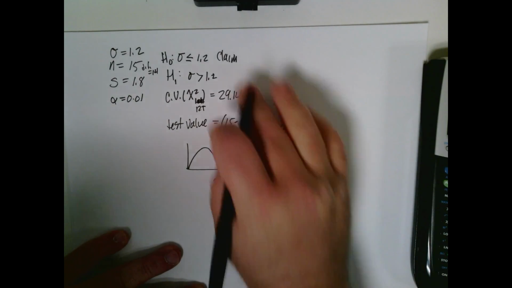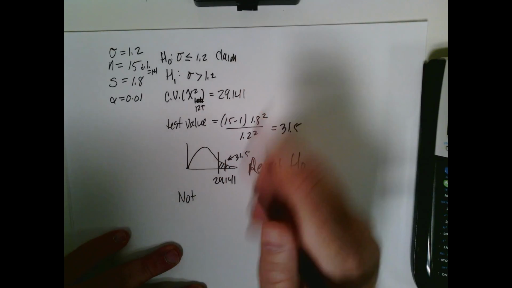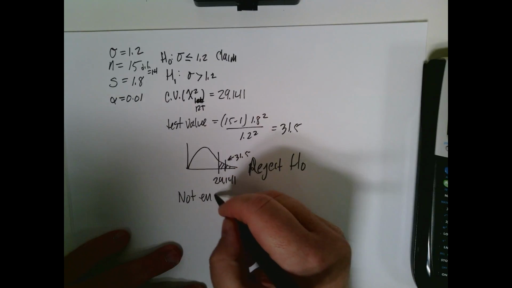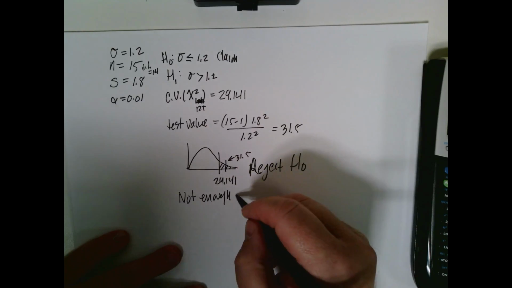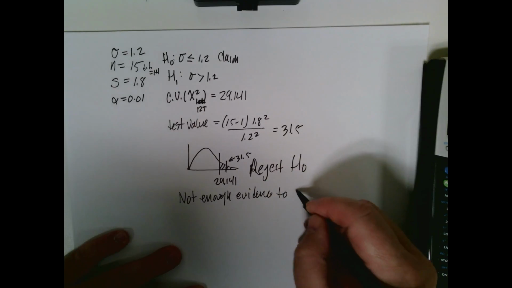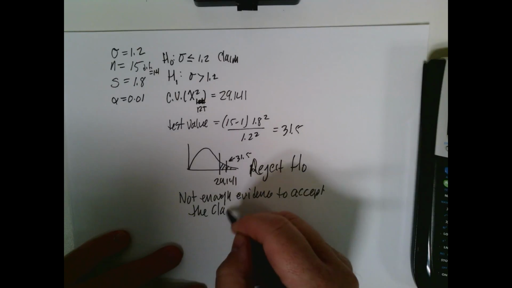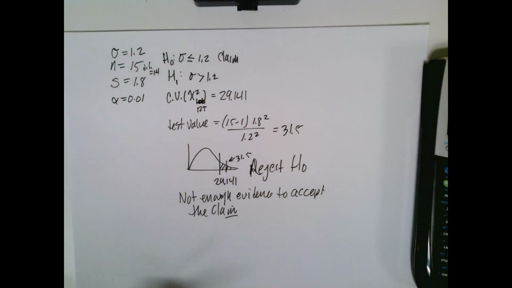Now since we're rejecting the null, and the claim is the null, we'd say there's not enough evidence to accept the claim. Okay, and that's the chi-squared.